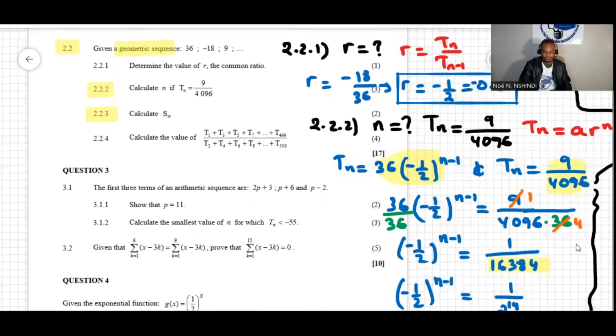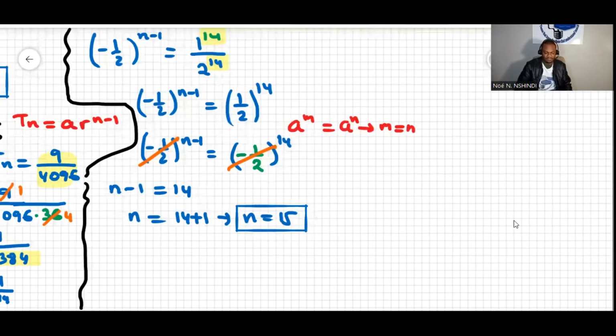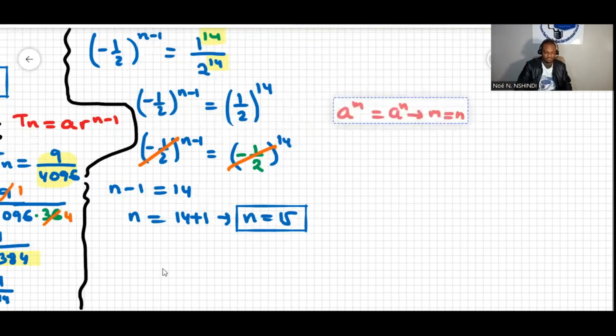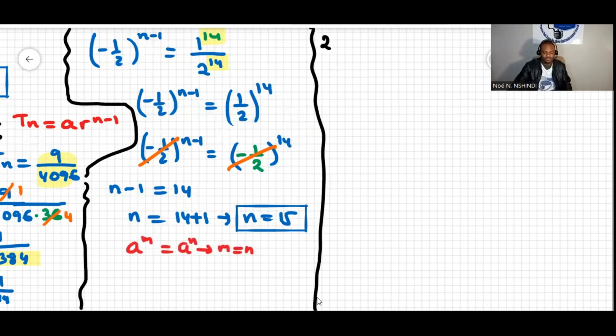Now, let me move the board this way, and then this expression I can take somewhere there because of space. Let's see here, question 2.2.3. We are looking for s infinity.